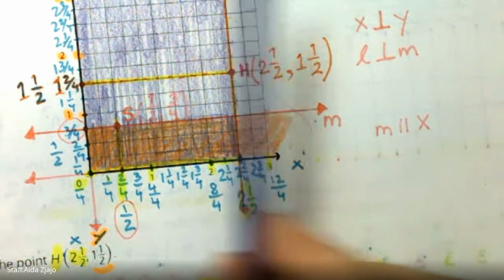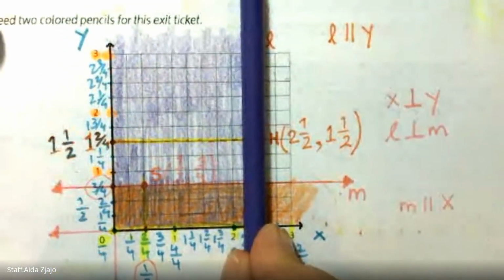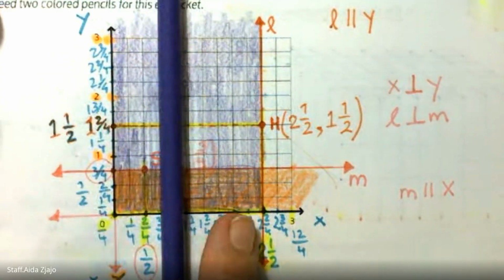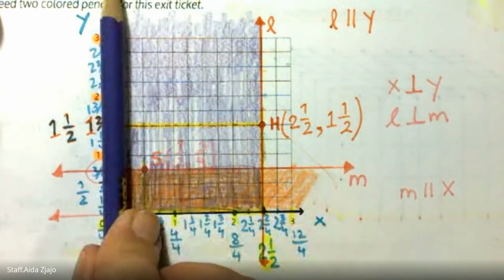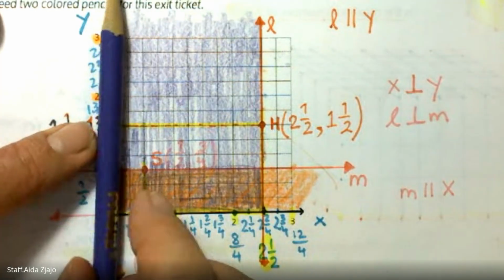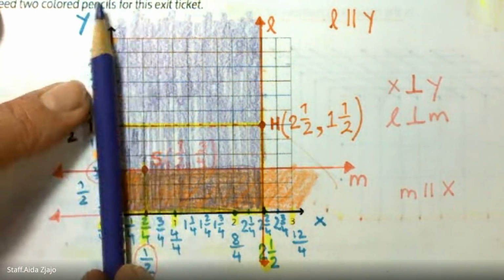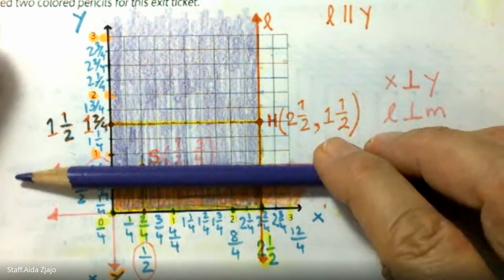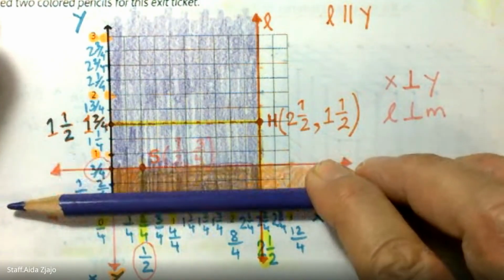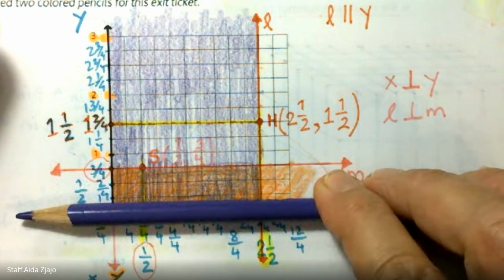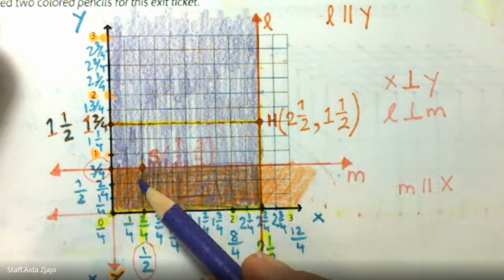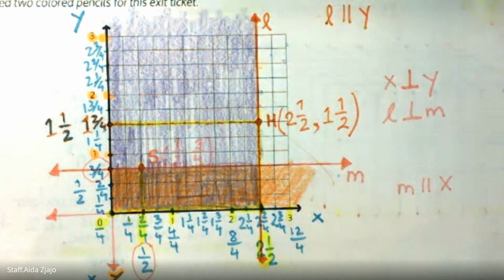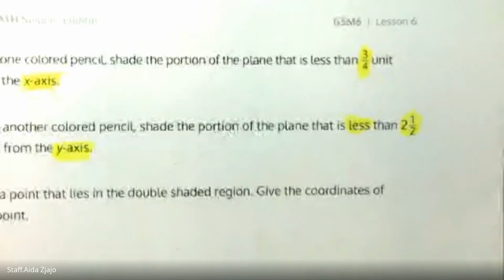So this is everything that is less than 2.5 from the y-axis, and this is everything that is less than 3/4 from the x-axis, and this is the double region.